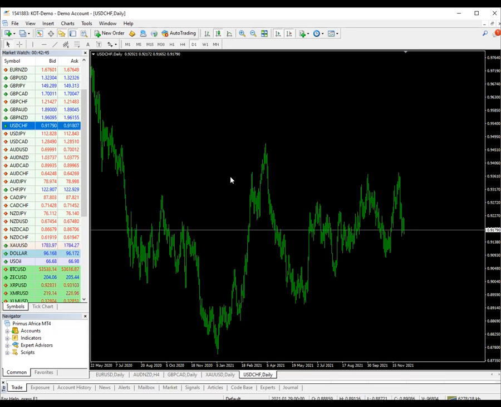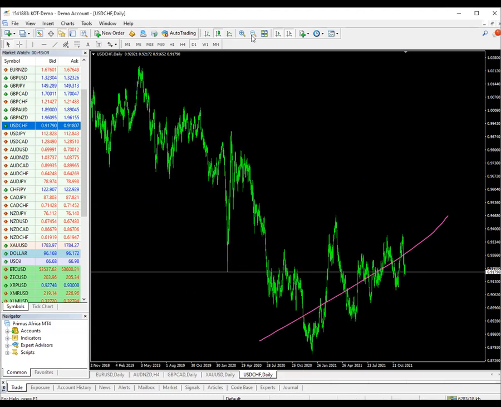Good. Now, the next currency pair we talked about is USD CHF, which is also here. Look at USD CHF. You will see that USD CHF is also in a down move, but not as much as the AUD.